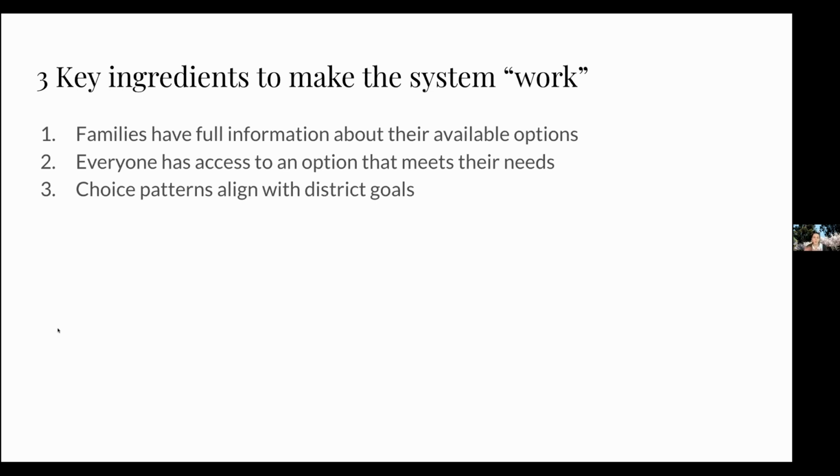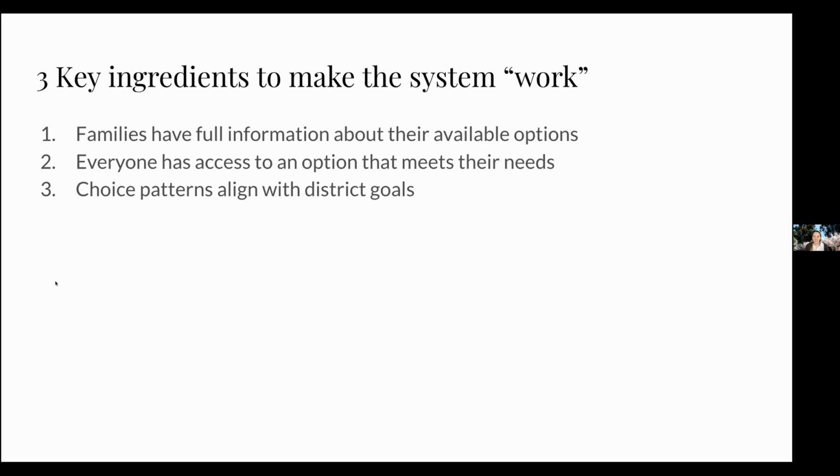But what if one family's first choice isn't providing the same value to them that another family's first choice is, because of the ways that resources are distributed across the district? Those two are at the individual level, but at the district level, if the district would like to promote diverse classrooms, for example, choice patterns need to align so that people actually are choosing schools in a way that each school has a diverse applicant pool to accept from.